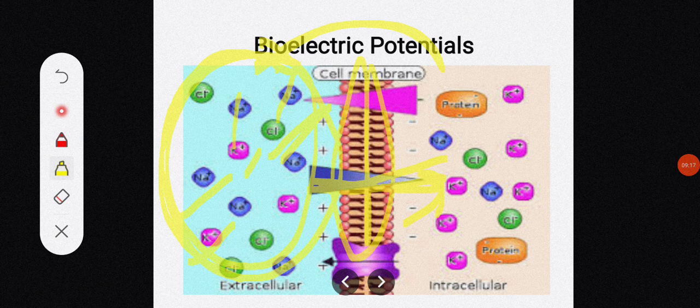Now, in order to balance this charge, what will happen? Potassium ions will try to rush into the cell to balance the positive charge created by the sodium ions outside the cell. But then also the charge balance cannot be achieved, because when a larger amount of potassium ions penetrate inside the cell, a concentration gradient will occur.